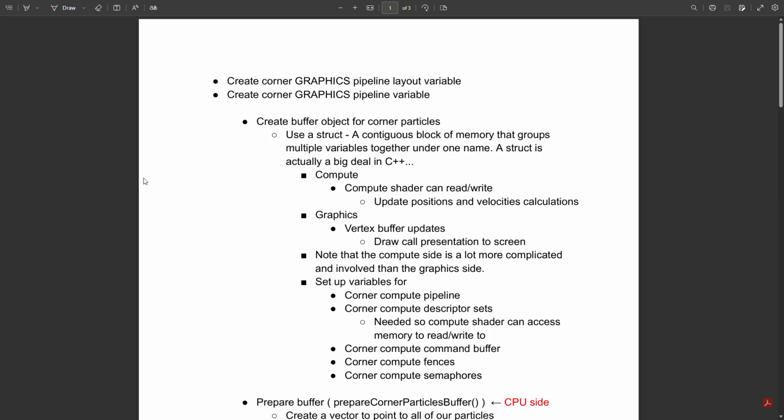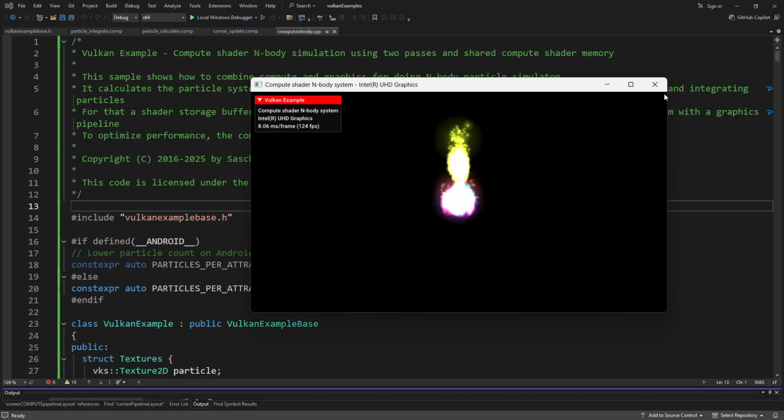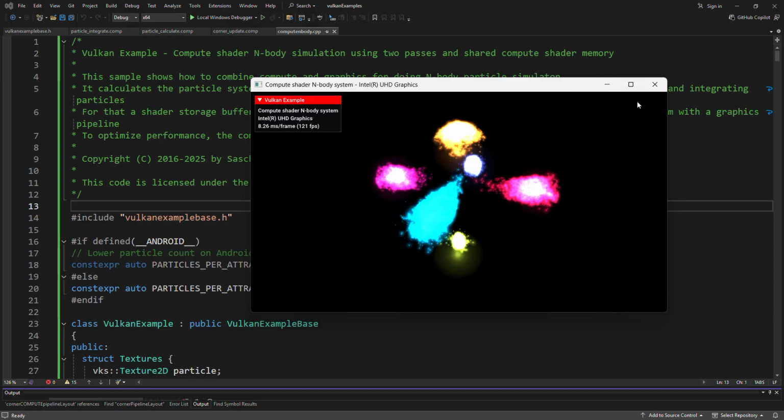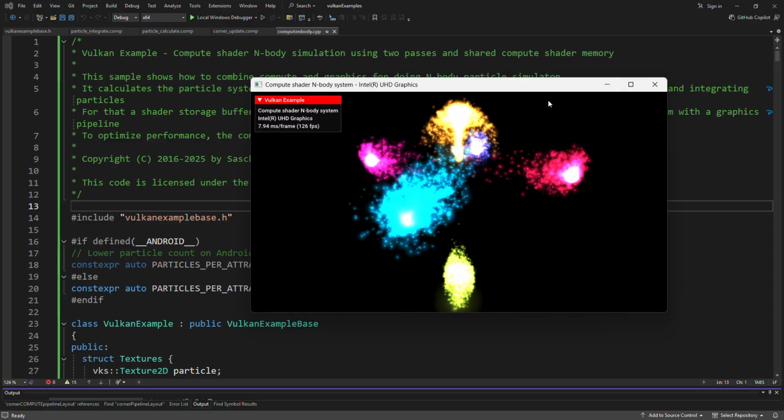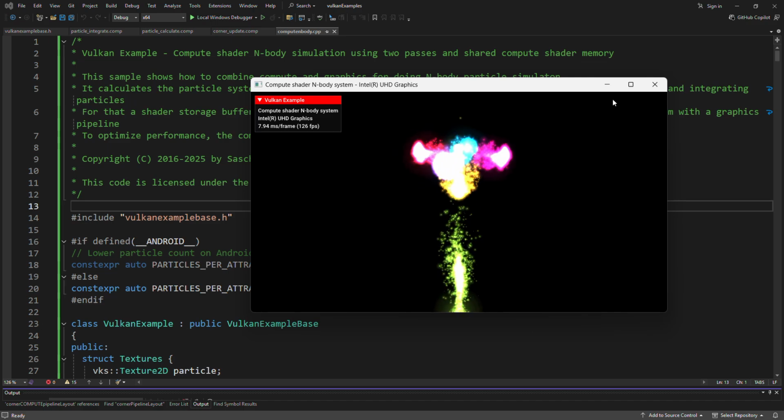So again, we want to create a set of particles over here that has its own compute and graphics pipeline, generally independent from all that's going on here, and the particles are moving around, right?